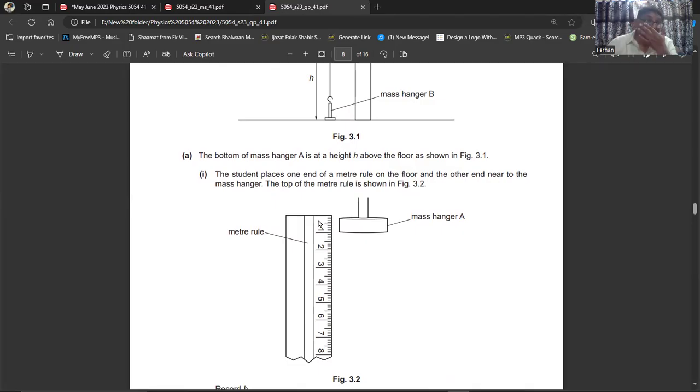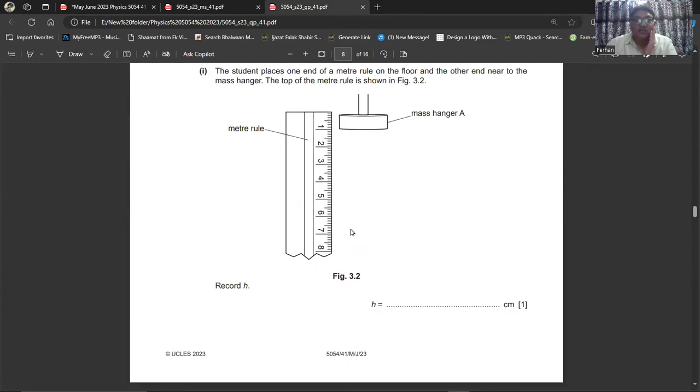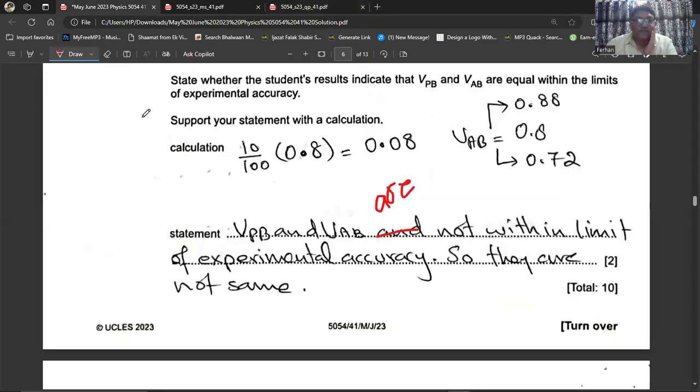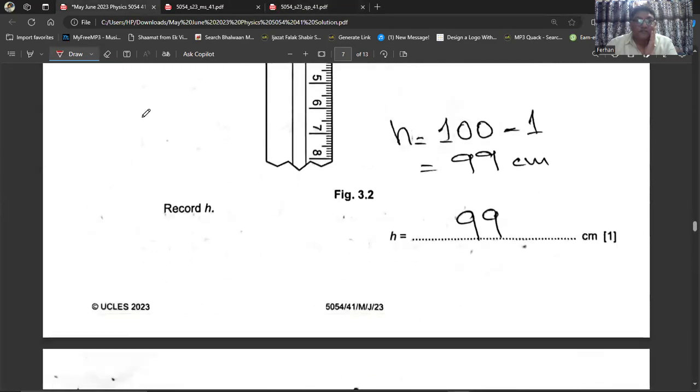A meter rule means it's a 100 centimeter rule. The bottom of the mass hanger A is at the 1 centimeter mark, so its height from the floor is 100 minus 1, which is 99. Very simple. The height of hanger A is 99 centimeter.